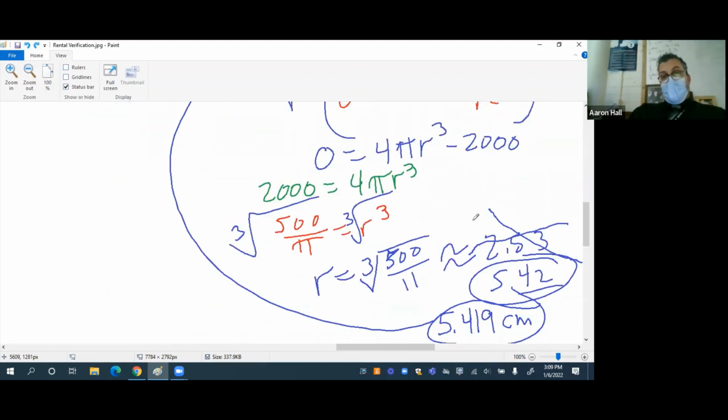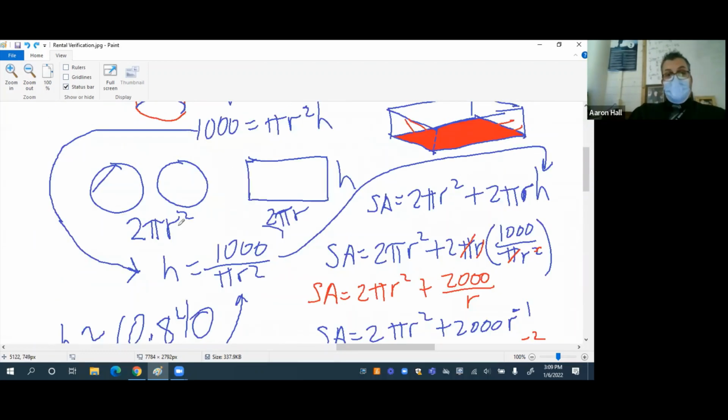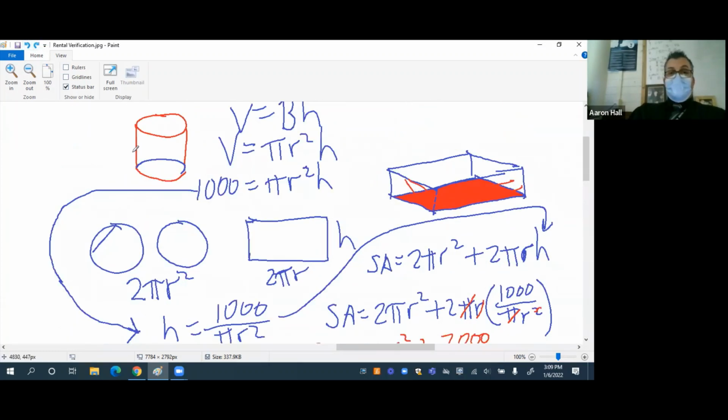Good. And then you can use that radius to plug it into the height equation, H equals 1000 over the radius squared. Yep, and that gives us our dimensions, right?